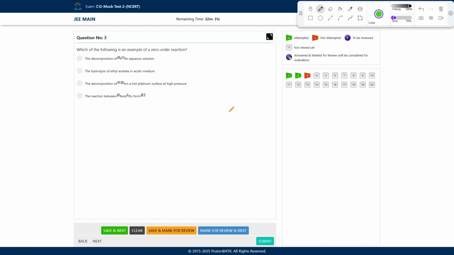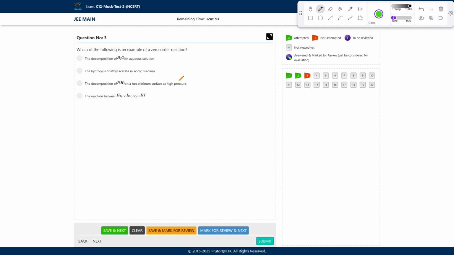Now if you increase the concentration, or if you provide more concentration of the reactant NH3, that is not going to change the reaction rate, okay, because the catalyst has reached saturation, and that's why here the catalyst is determining the rate, not the concentration of the ammonia.